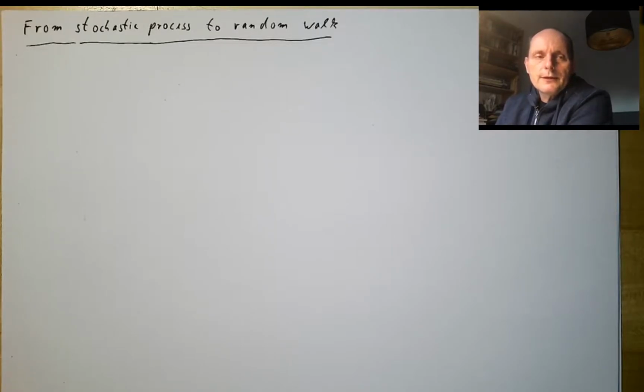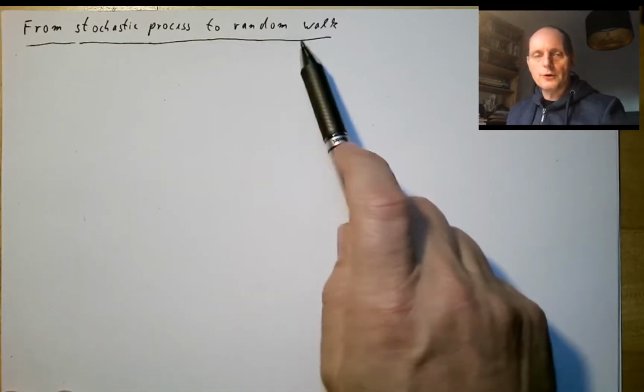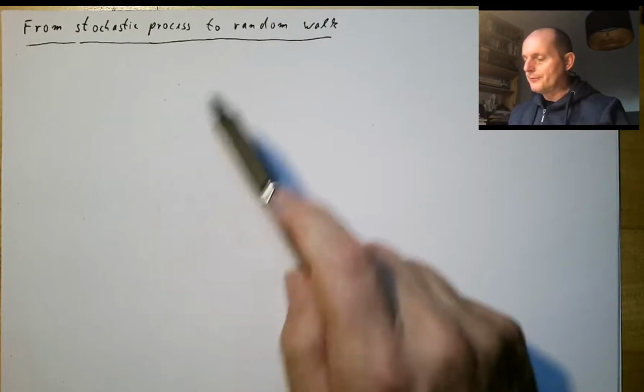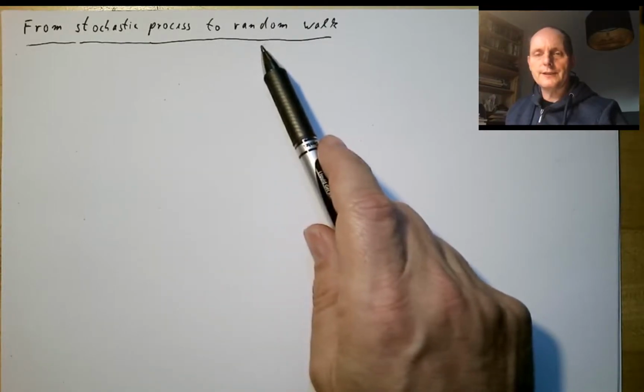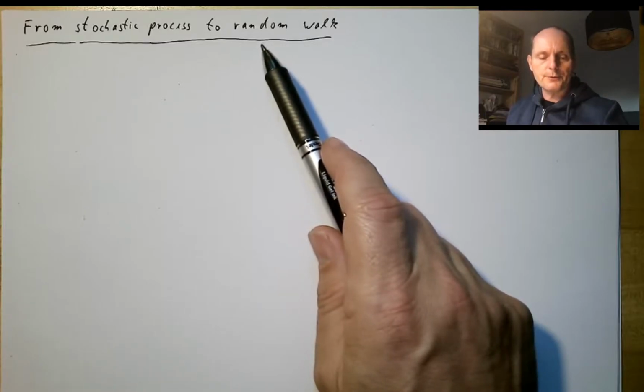And now the question is, how can we generate other more interesting stochastic processes which have some memory and some more interesting properties which we can use to model something in the real world? And this will be the random walks. So random walks will be the fundamental notion or process for how we generate more interesting stochastic processes.